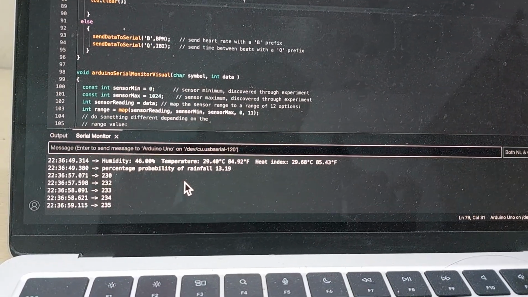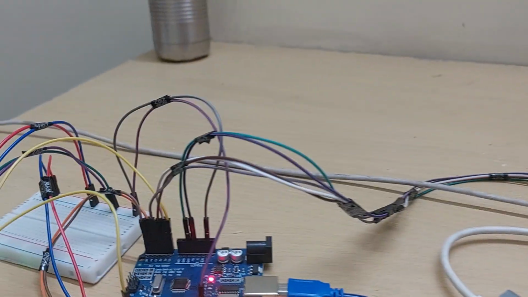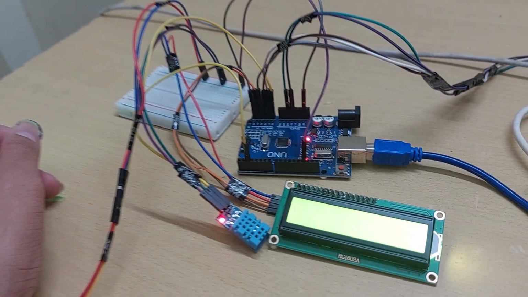So now this is the heart rate that is being printed at the serial monitor, and this is the output that is being printed at the LCD.